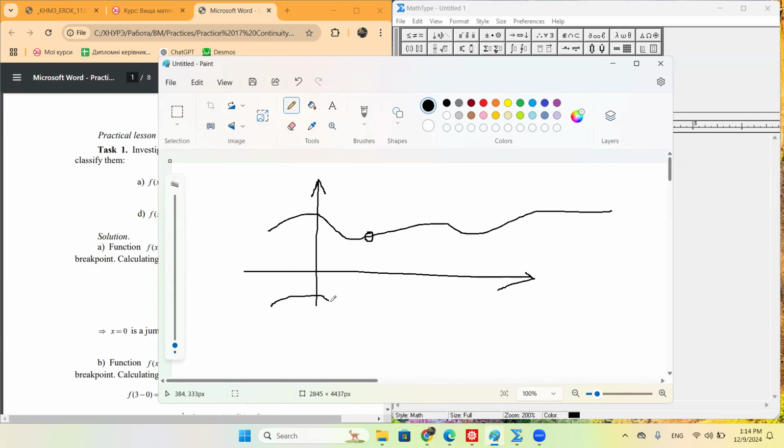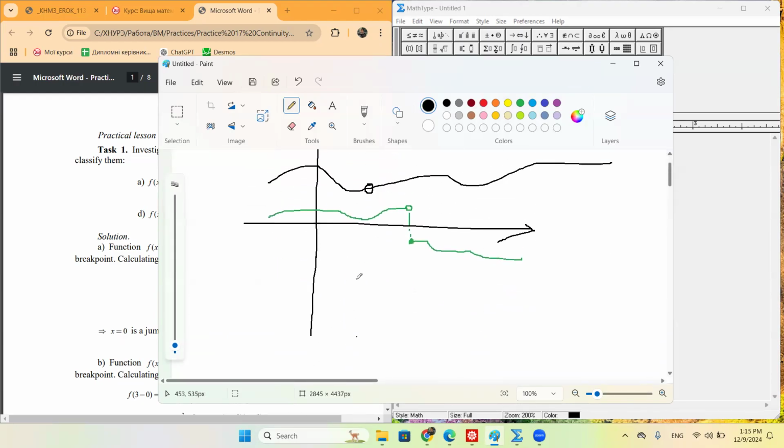Also, we can have other discontinuity points, such as a function jump, something like this. This is also a discontinuity point of the first type, and this is a jump of the function.